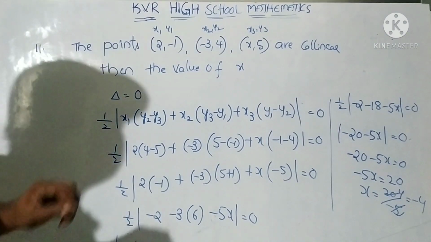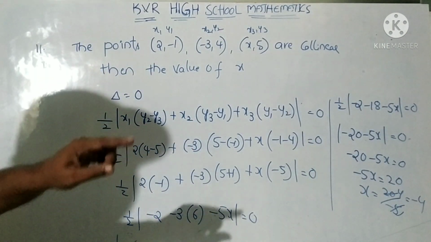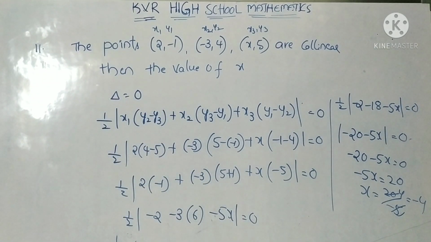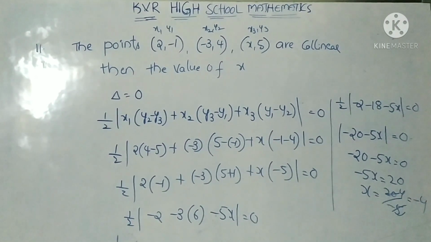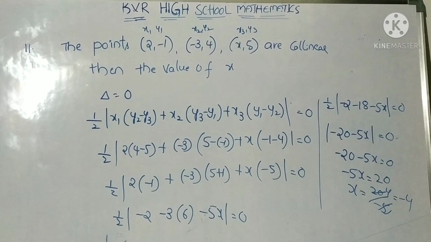The formula is area of triangle delta equals 0 because the collinear points condition is given. Collinear points means the area of the triangle delta equals 0. That is the reason.